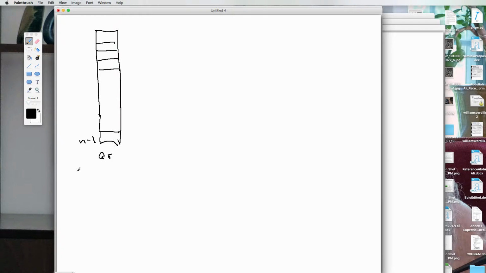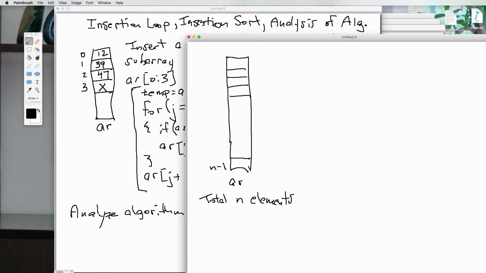So there are a total of n elements. And whereas before we assumed that we wanted to insert the third element, now what I want to assume is I want to assume that I have some arbitrary element at position k.